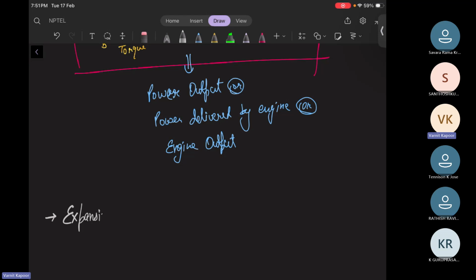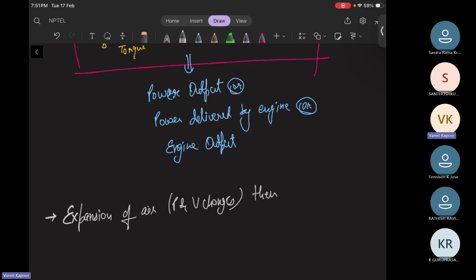So my first point is expansion of air from pressure and volume changes. Air or air-fuel mixture, whatever you can say, because in our assumptions in the first tutorial we said that the working fluid is air.